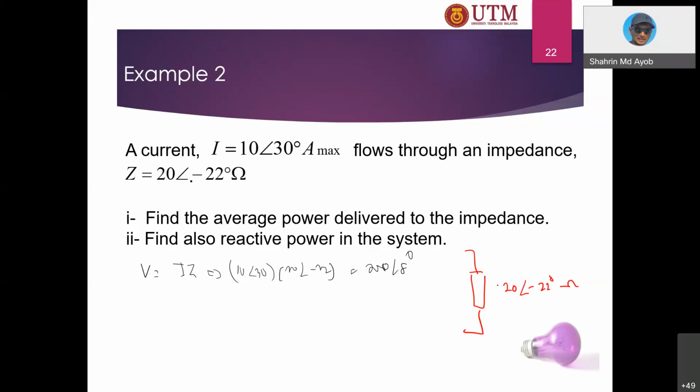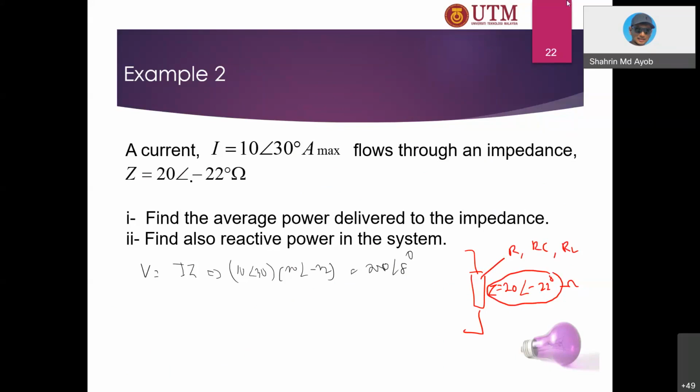So this is your impedance. From looking at this impedance, what can you say about it? Is it a pure resistor, or is it capacitive? Is it R, RC, or RL based on this impedance?